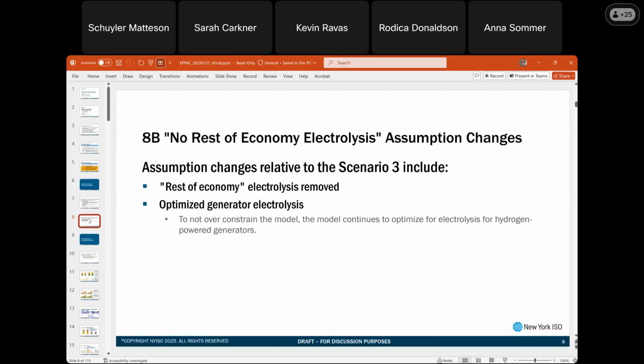But we did keep the generator electrolysis within the model and continue to be optimized by the model, to not over constrain things. And again, because there's still the hydrogen defer generator, in this case it's particularly the fuel cells.